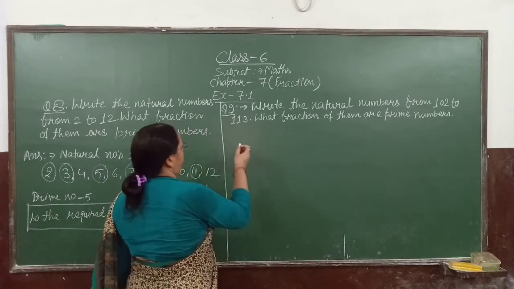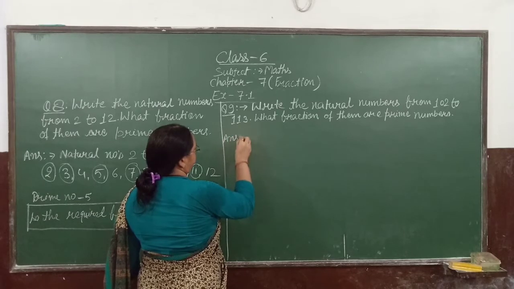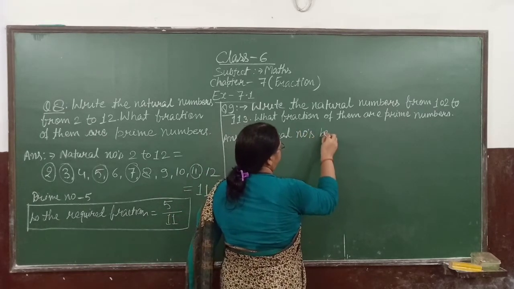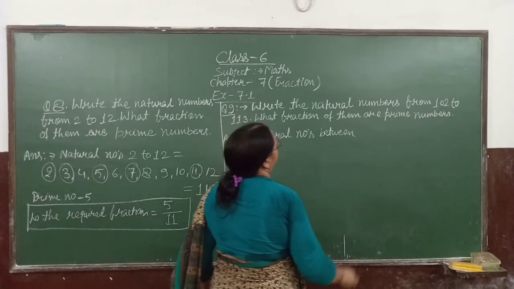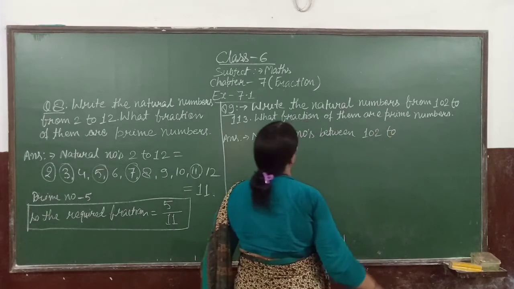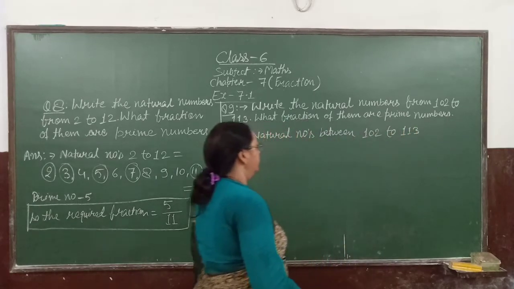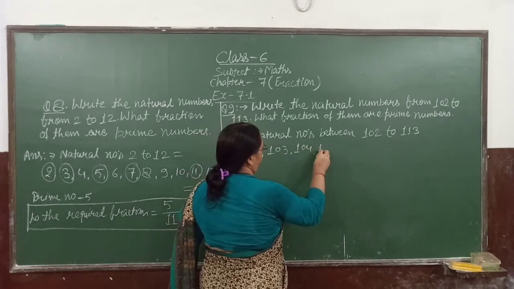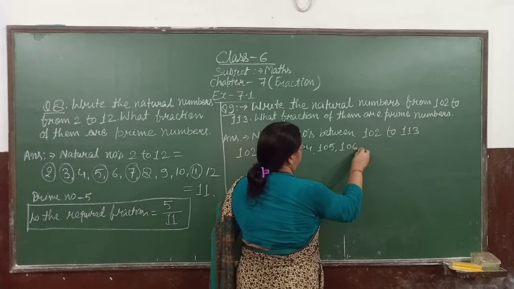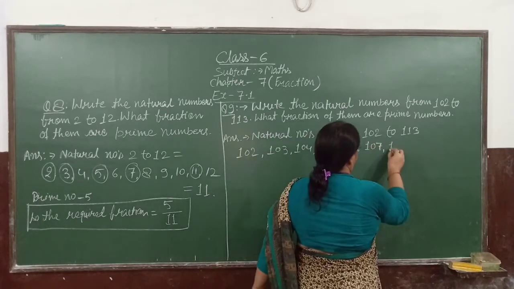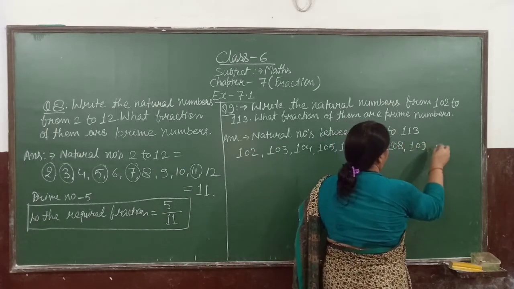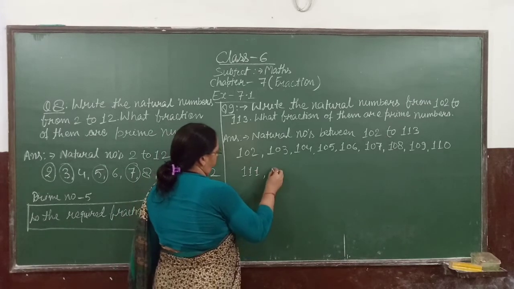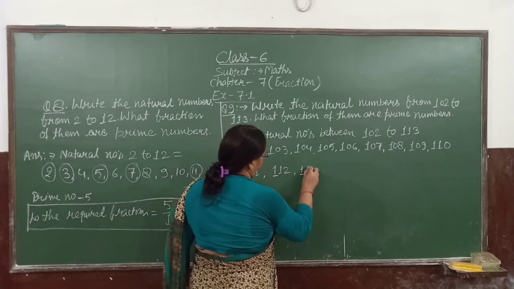At first you have to write down the natural numbers between 102 and 113. Those numbers are 102, 103, 104, 105, 106, 107, 108, 109, 110, 111, 112 and 113.